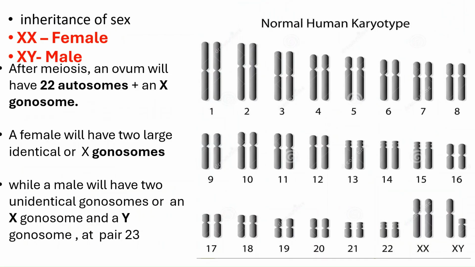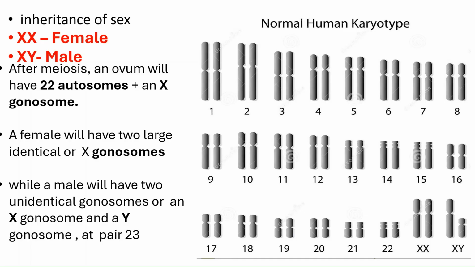After meiosis, an ovum will have 22 autosomes and an X gonosome. A female will therefore have two large identical gonosomes, or X gonosomes, like you can see on your screen.